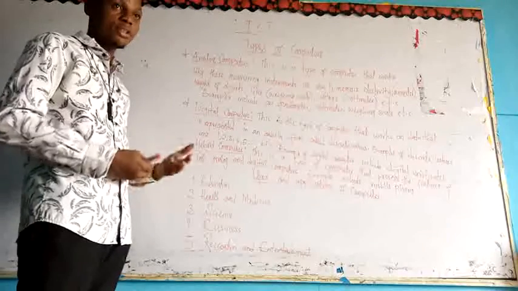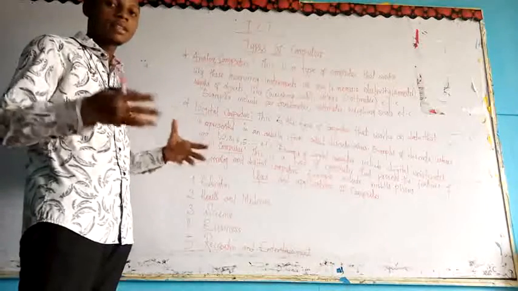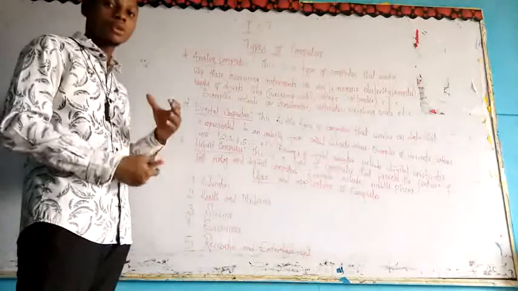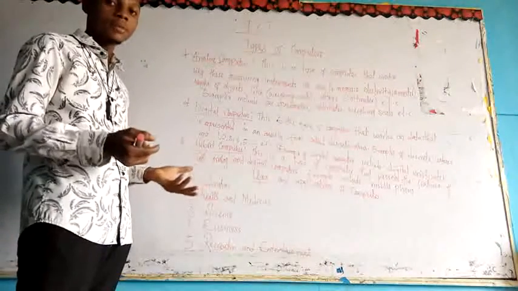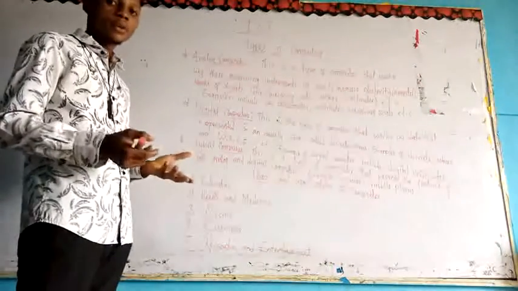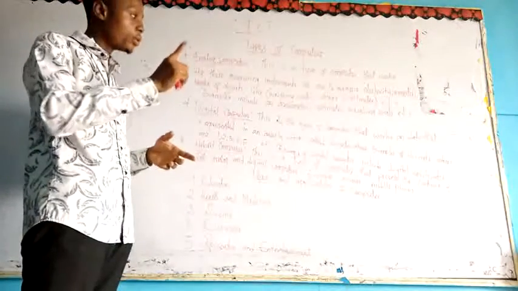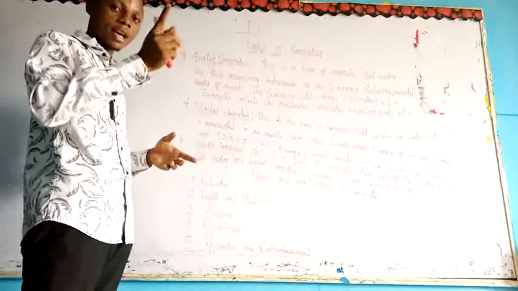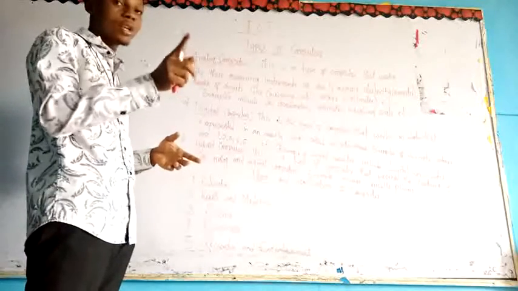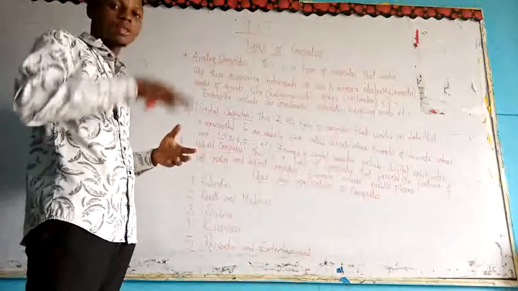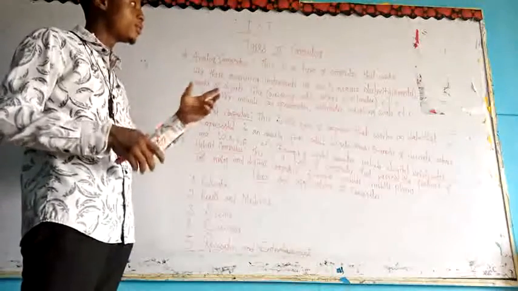If you go and buy fish now, you are going to see different scales that they use to measure fish or turkey or even chicken. If you look at it, it has a pointer. So it changes quickly immediately you place it on top of it. So that's an example of an analog computer.